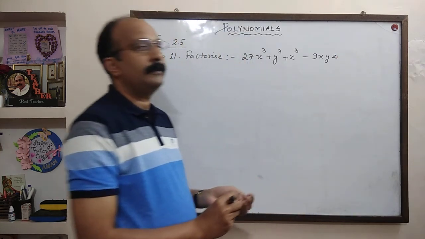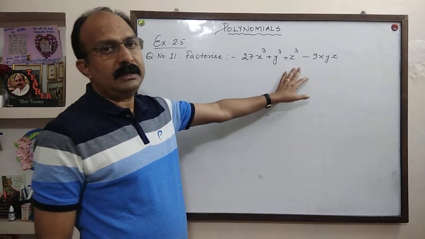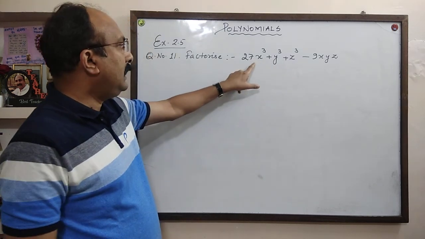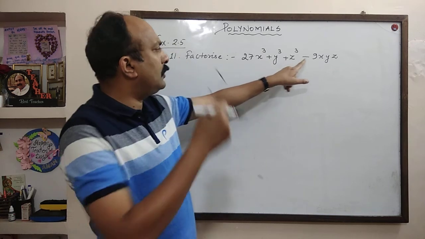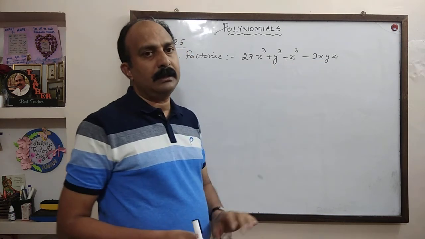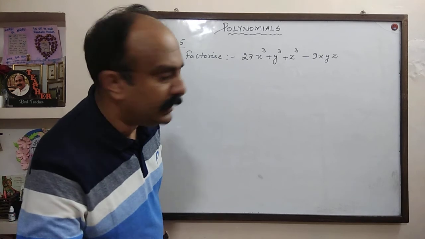Very easy. As you see the question, you can see it is in the form of a cube plus b cube plus c cube minus 3abc. The last identity.